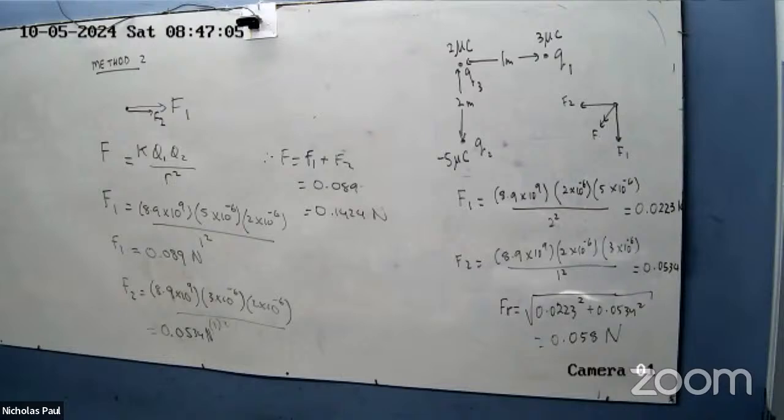What happens if the distance is doubled? What do you got? It is divided by 4, yeah, correct.